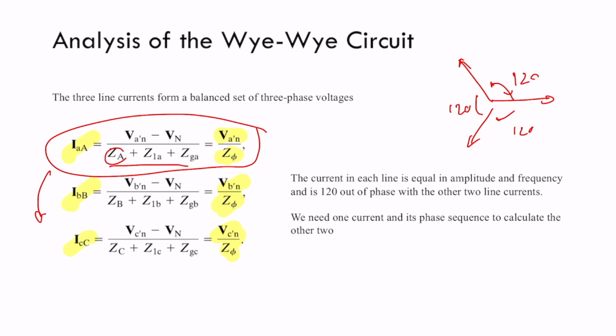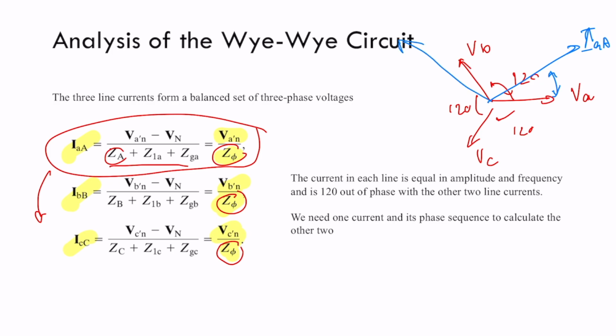Because this value is always the same for these 3 phases, if this is the voltage in A, voltage in B, and voltage in phase C, you can imagine the current in A will be shifted by some value, whatever the value is, but it will keep this 120 degrees. That is because we are always dividing by the same number. So this will be B, and this will be C.